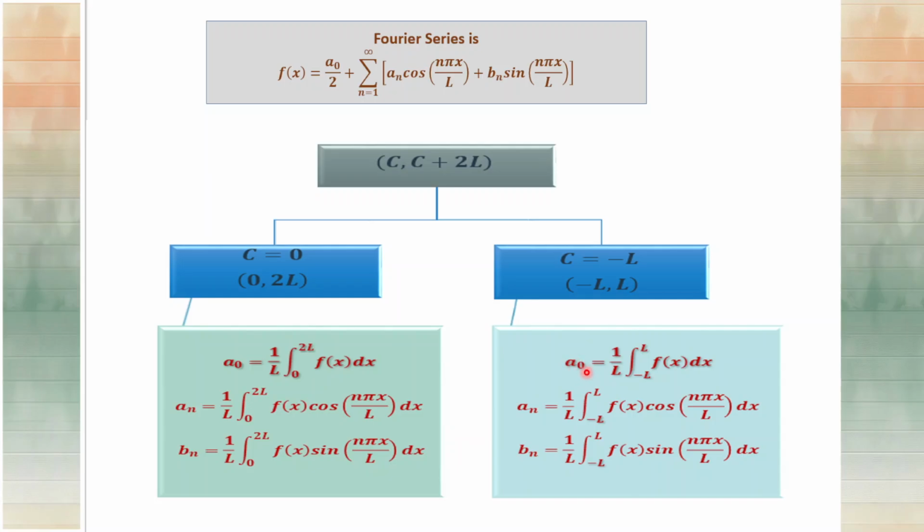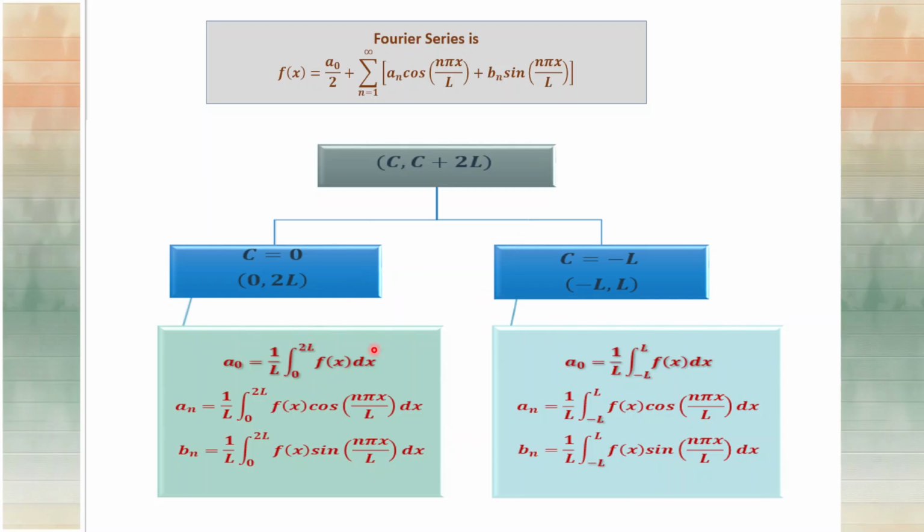The DC component a0 is equal to 1 upon L integration, with limits minus L to plus L, the given interval, of f(x) dx. an is equal to 1 upon L integration minus L to plus L f(x) cos(n pi x by L) dx, and the sine coefficient bn is equal to 1 upon L integration minus L to plus L f(x) sin(n pi x by L) dx.